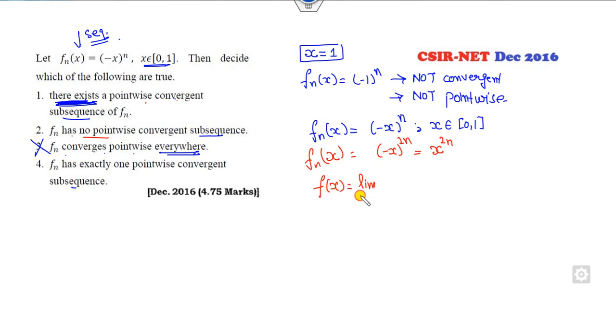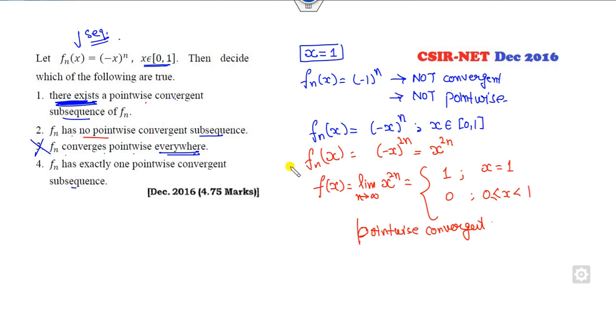I forgot to take the limit. So what is the answer of this? When x is equal to 1, it is 1, and whenever x is in the open interval between 0 and 1, it is 0. So it clearly says that it is pointwise convergent, because the limit exists in all cases.